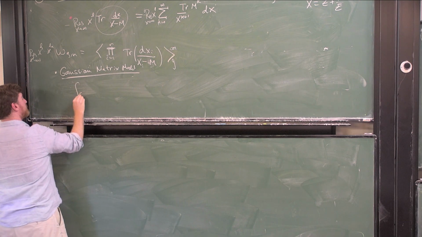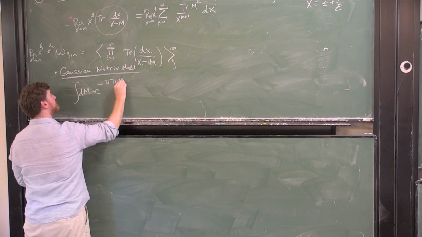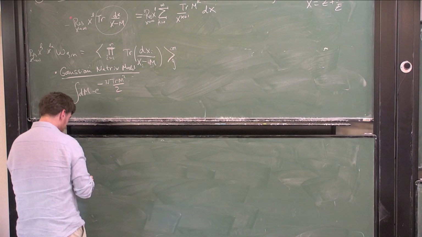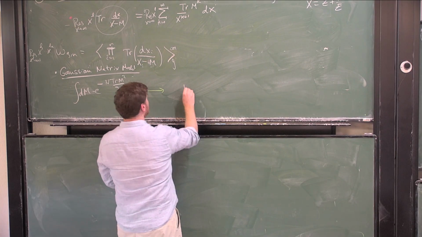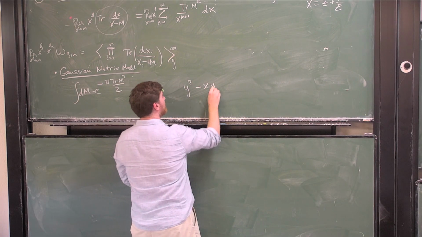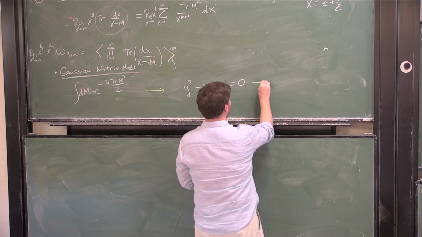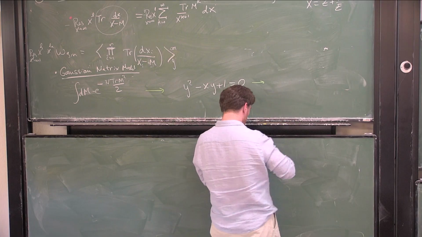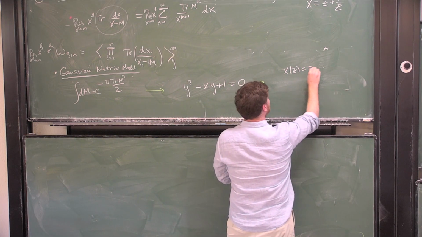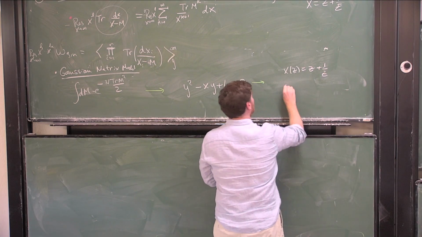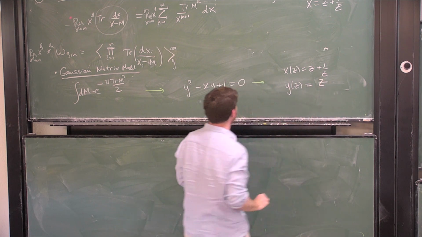Okay, so again, the type of integral we were looking at was this guy. And from here we found the spectral curve y squared minus xy plus 1 equals 0. And that we can write in terms of x of z is z plus 1 over z, and y of z is just z. Okay.